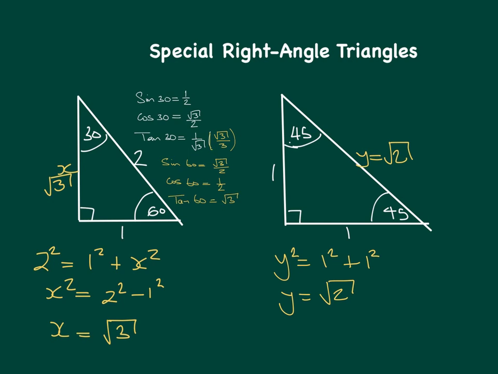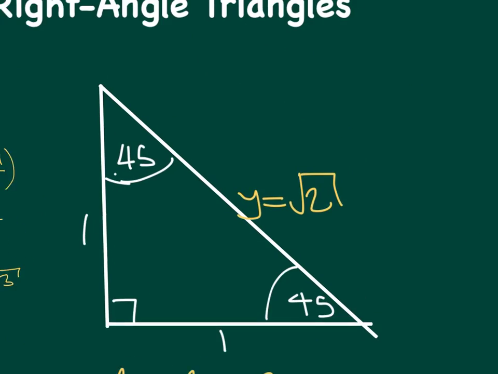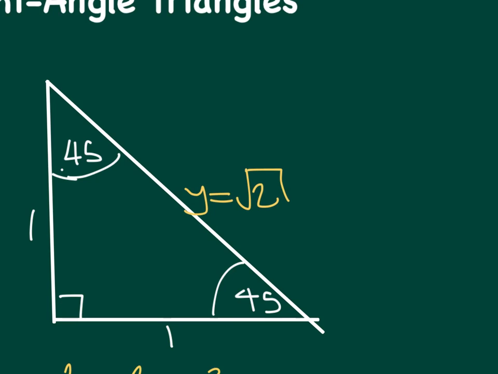Okay, we're going to now do the exact same thing we did with the triangle we had before. We will find sine, cosine and tan, but this time of just 45 degrees. So here we go. We're going to start by saying sine 45 degrees is equal to, well, it doesn't matter which 45 degrees you pick.